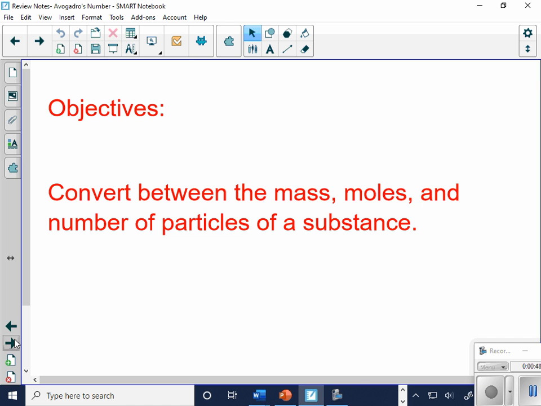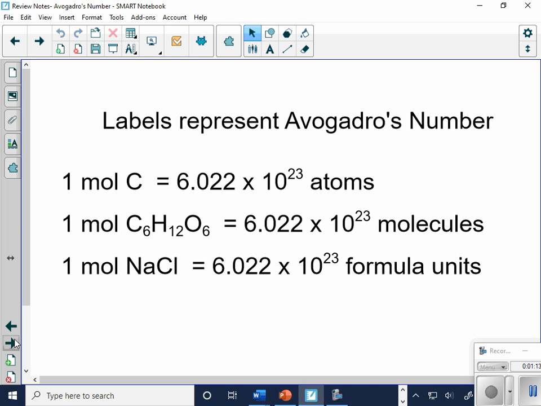We're even going to add more to that because we're going to go into volume and density also. But for now, our objective is to convert between the mass, moles, and number of particles of a substance. Today, we're not even going to do mass, all right? We're just going to focus on particles of a substance and moles.